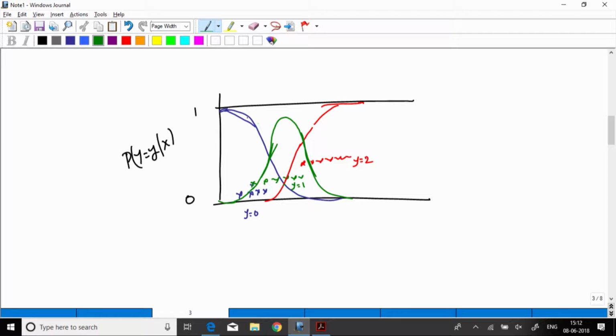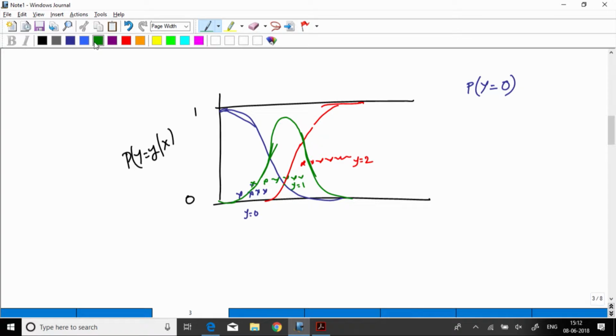So therefore, for blue, y equal to 0, I will write it later.